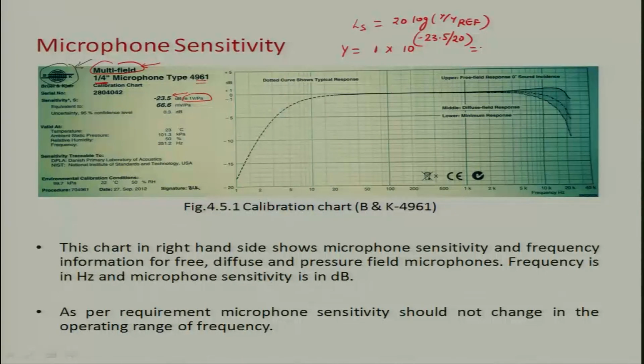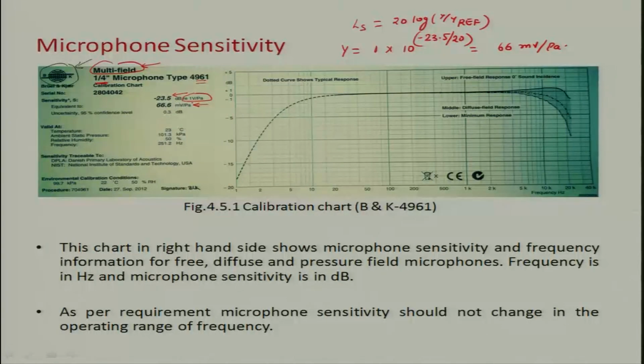If you do the math, it comes to 66 millivolts per Pascal. So, LS equal to minus 23.5 decibels is the same as saying that the microphone will generate 66.6 millivolts when it is excited by 1 Pascal of pressure.